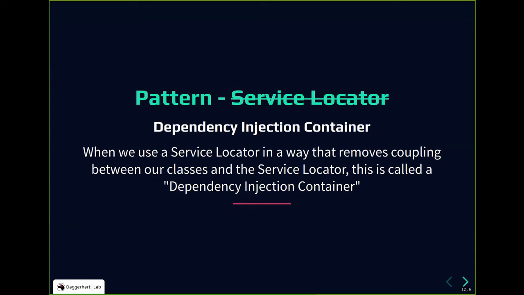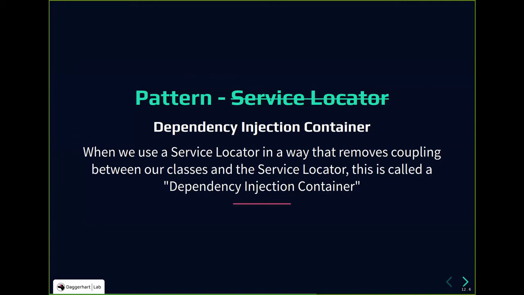Instead, we are using the service locator as just some way of getting the dependencies of our classes, and then we're passing those dependencies into our classes, leaving our class not coupled to the service locator at all, because our class only cares about the exact dependencies we need. By changing the way we use the service locator, it's no longer a service locator. It's now a dependency injection container, and that's where the word container came from.